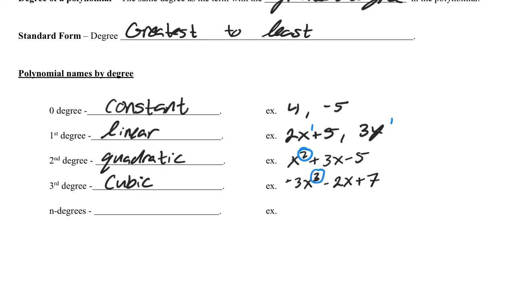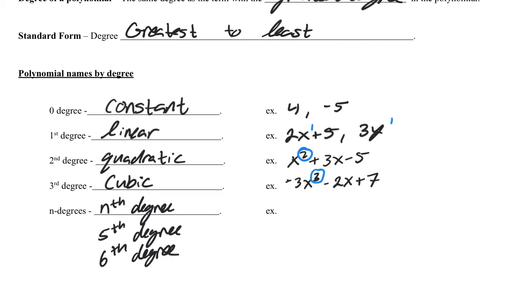Once we start getting a highest degree bigger than 3 is when we go into the generic, and we would just call it an nth degree. So like a 5th degree or 6th degree. Okay, so let's take a look at some actual polynomials and start naming and putting them in standard form.